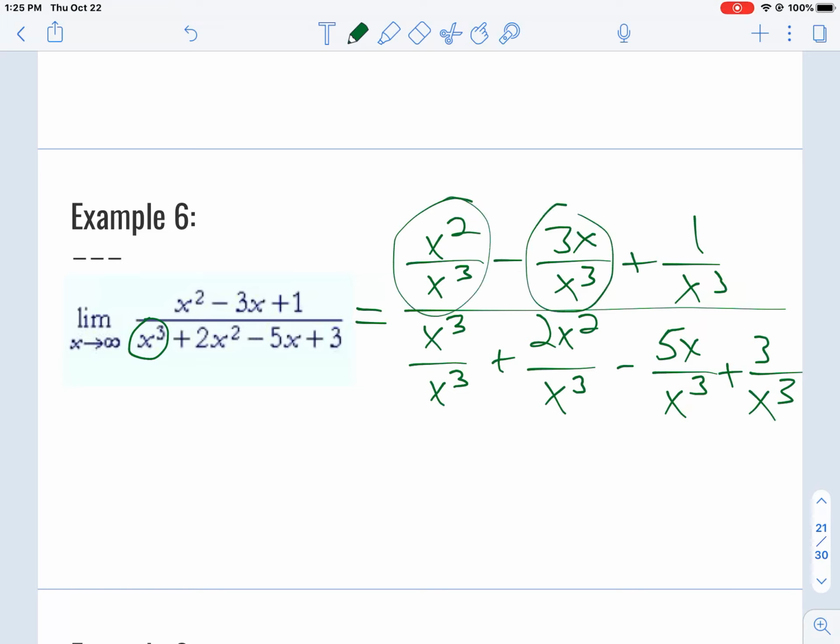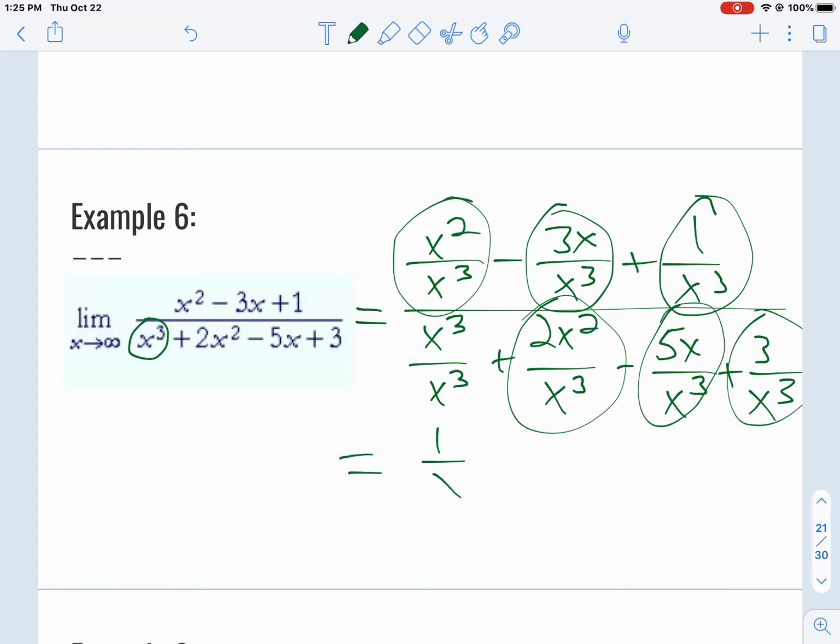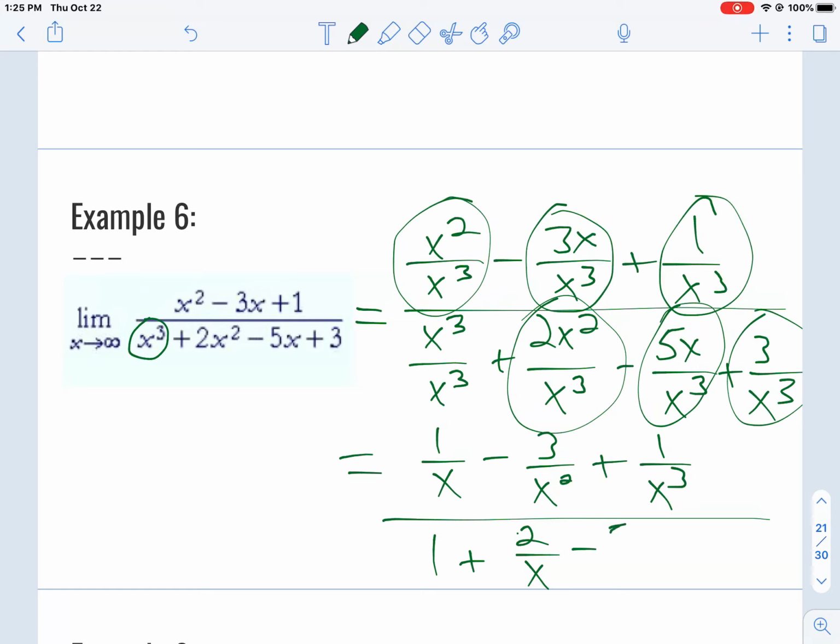If we simplify, we get 1 over x minus 3 over x squared plus 1 over x cubed. All of those are going to go to what number?